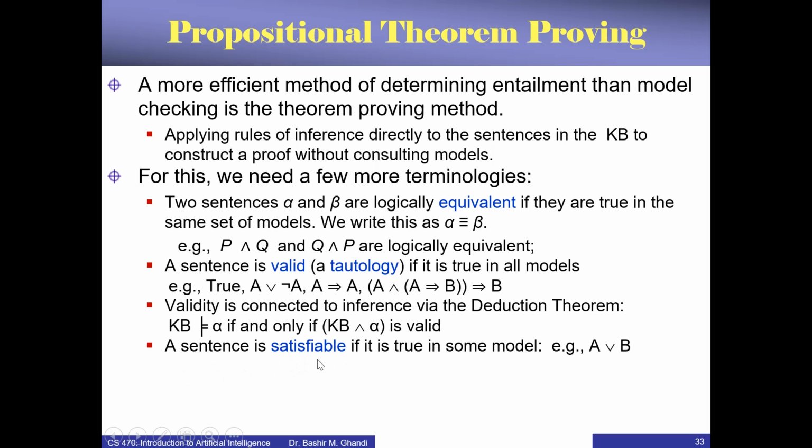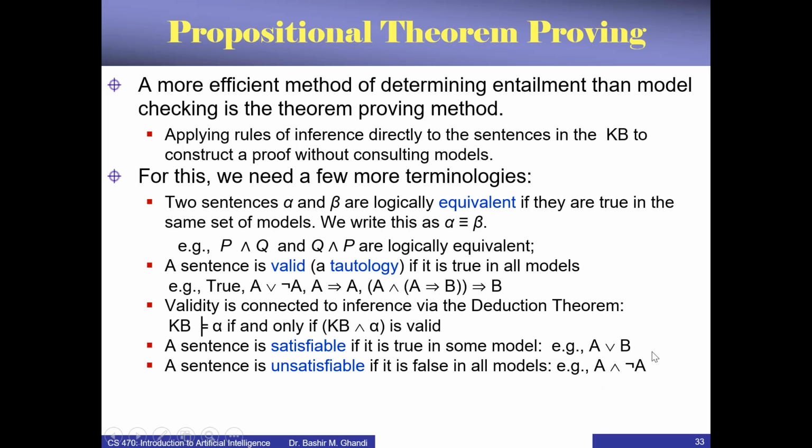A sentence is satisfiable if it is true in some models. For example, A or B will be true in some model, and therefore it is satisfiable. A sentence is unsatisfiable if it is false in all models. For example, A and not A will be unsatisfiable.